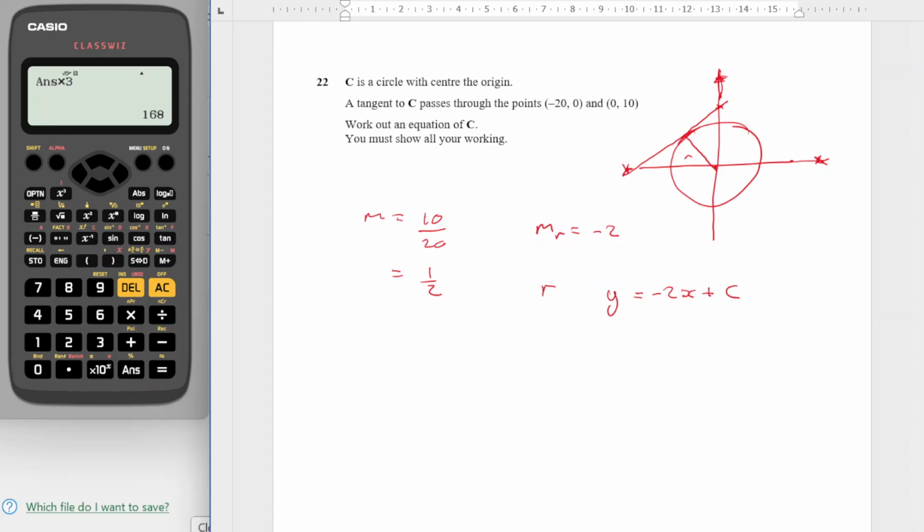And I know that it crosses the y-axis at 0, so it must have an equation of y equals minus 2x.